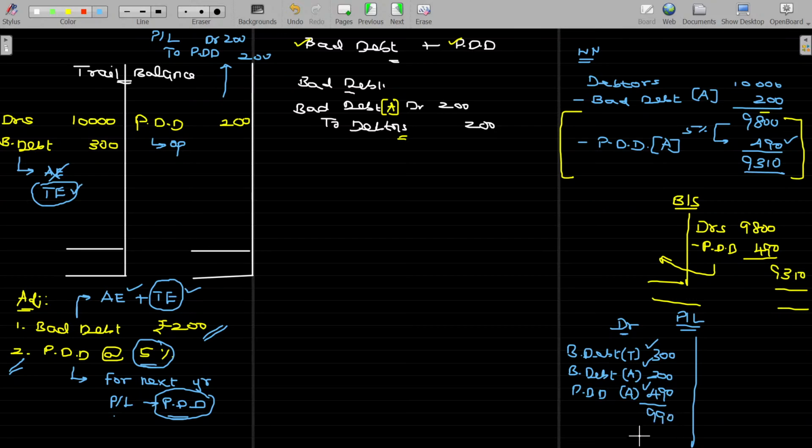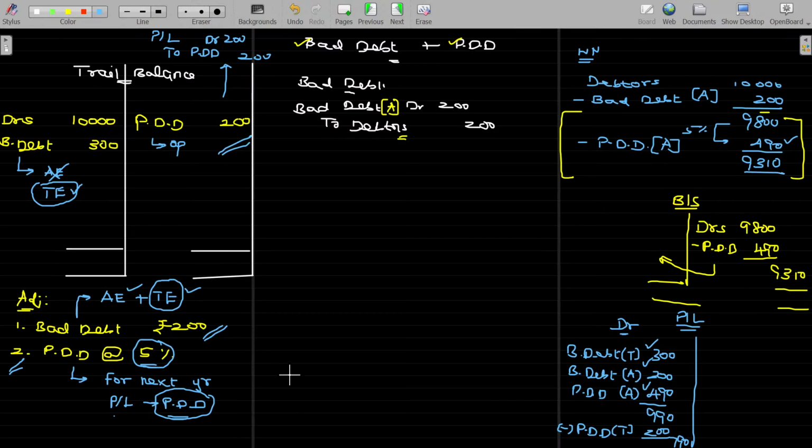But to adjust these losses, we have already created the PDD in the previous year. How much do we have? 200 rupees. This 200 can be used. Means you can subtract this amount from PDD of the opening one, which is given in the trial balance, the value being 200. If I subtract, the ultimate value is only 790. So I am going to debit to the P&L account only 790.